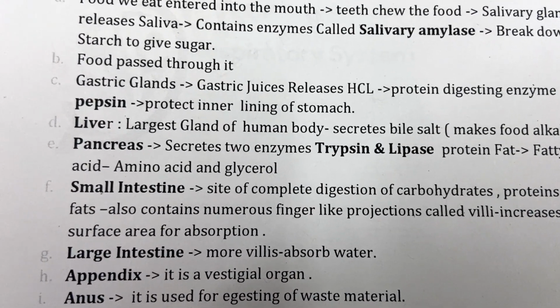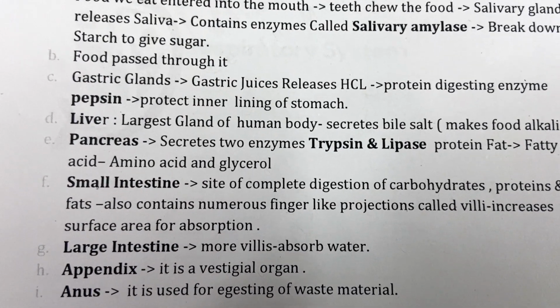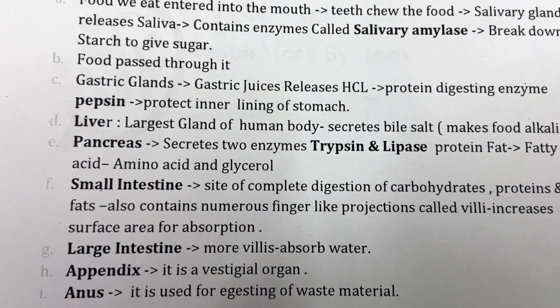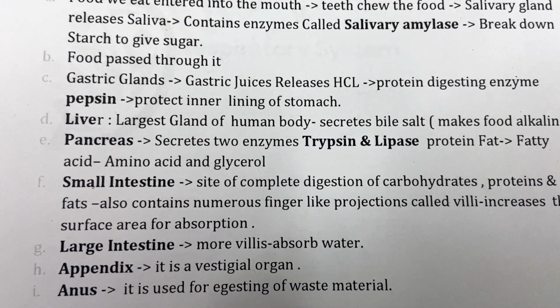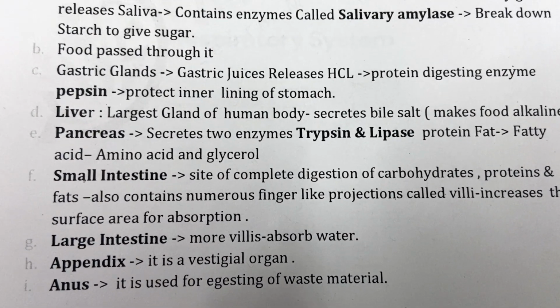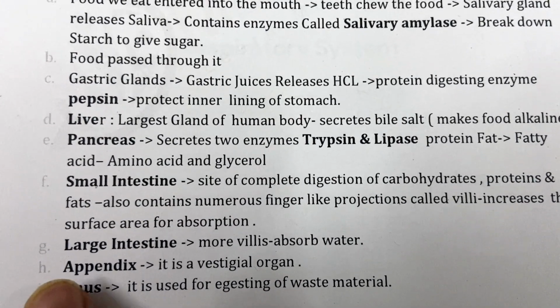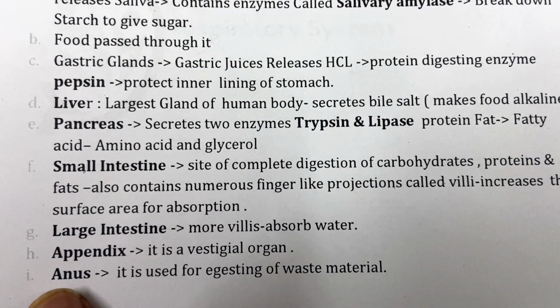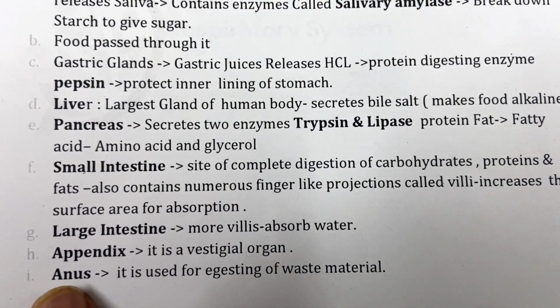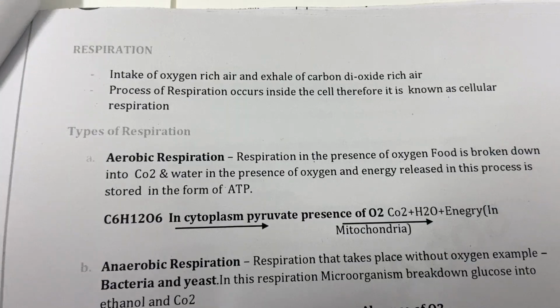Vestigial organ means this appendix has no role and its function is still unknown. Those organs whose role is not known or which do not have any function in the body are known as vestigial organs. After that, all the undigested food leaves the body through the anus.